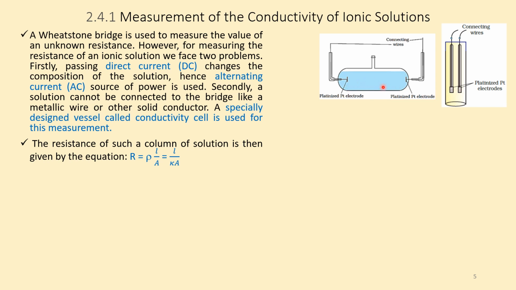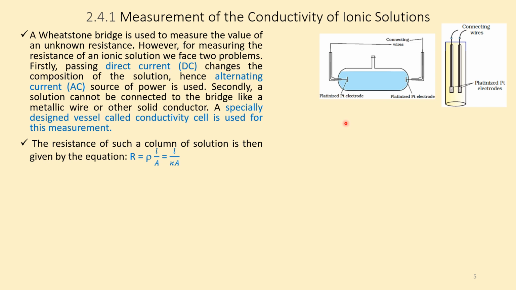Similarly, two plates are here, left side and right side, and distance L is shown here. Therefore, the solution confined between these two electrodes is a column of length L and area of cross section A.